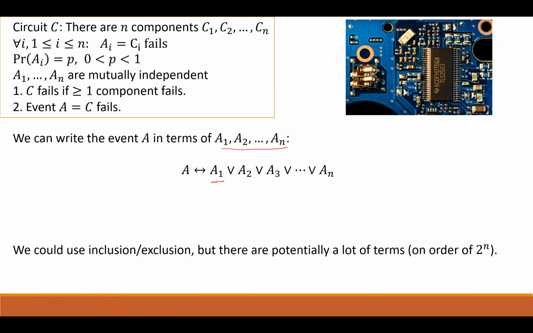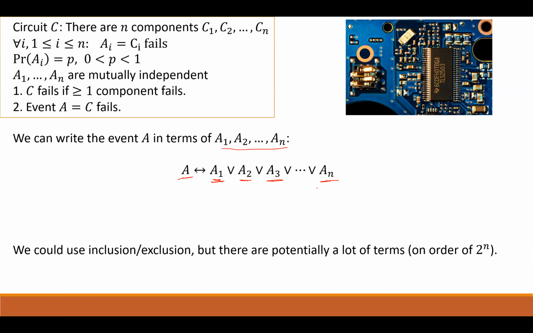This circuit fails if component 1 fails, or if component 2 fails, or if component 3 fails, or if component n fails, and any combination of failing, then our circuit fails. Okay, does that make sense? Questions so far?